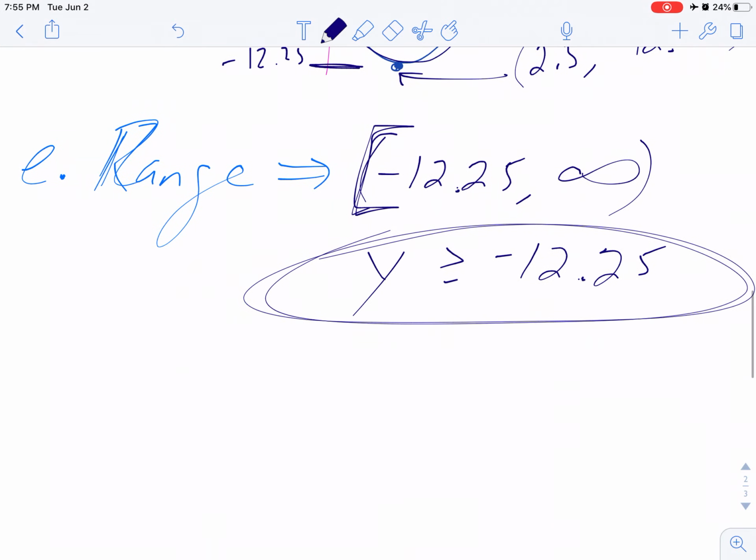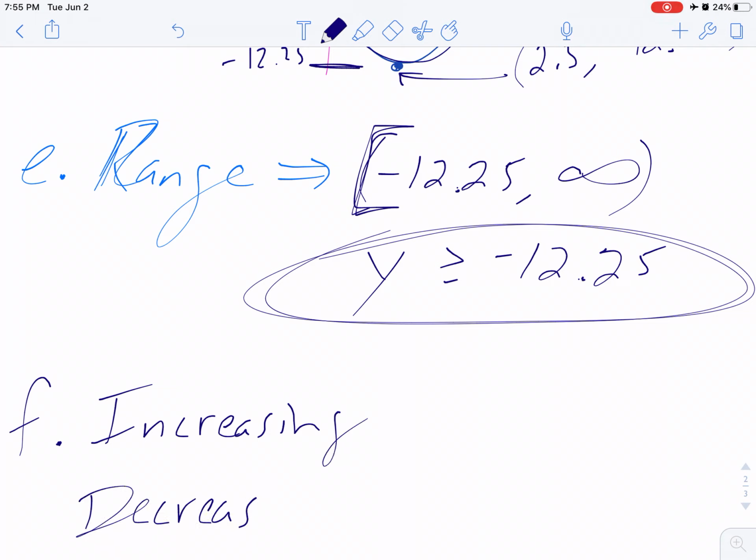The last thing I'll review here is increasing and decreasing. Another thing they may ask you in your assignment is to describe where this function is increasing and where it is decreasing. I choose to use set notation for this.